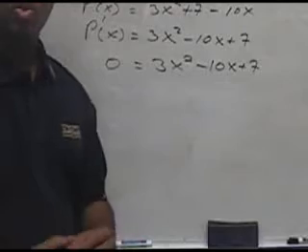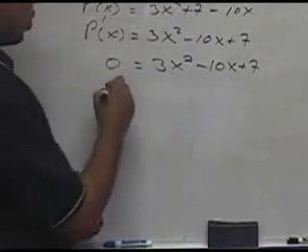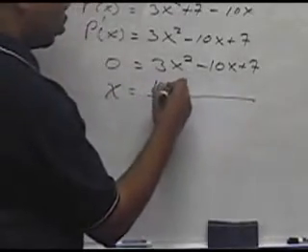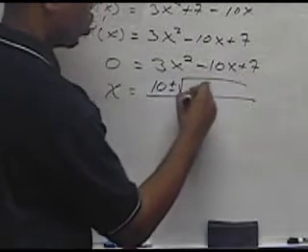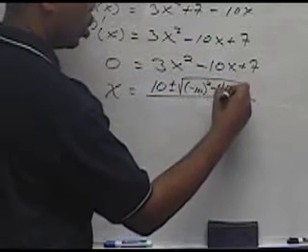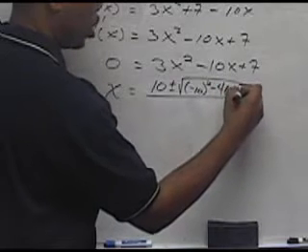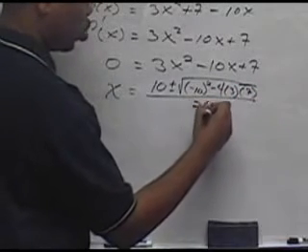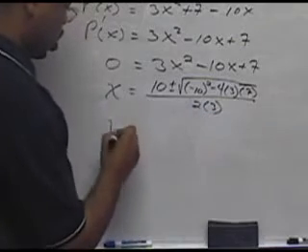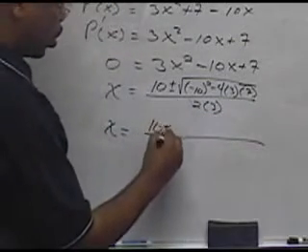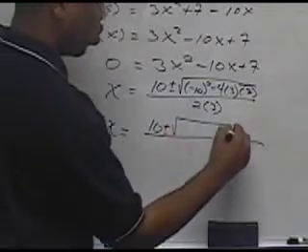Okay, we're going to use the quadratic formula to solve for x. So x equals the opposite of 10 plus or minus the square root of negative 10 squared minus 4 times a times c, all over 2 times 3. Okay, and from there we have 10 plus or minus the square root.